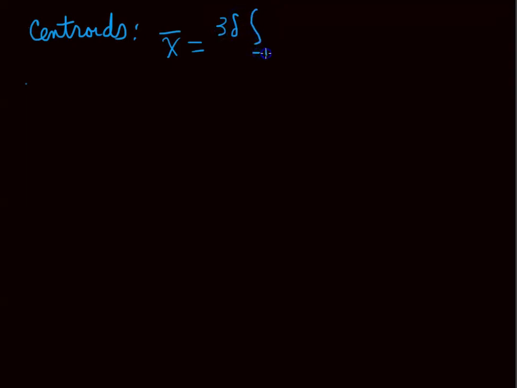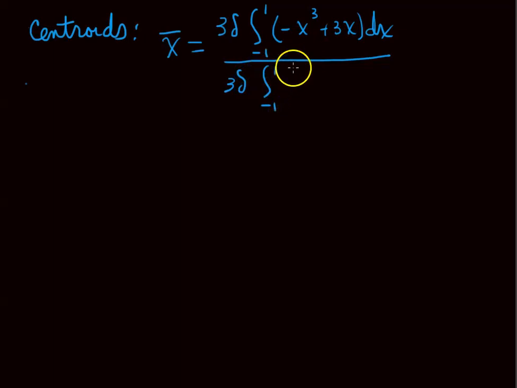The integral from negative 1 to 1 of negative x cubed plus 3x dx. That was the numerator. The denominator was 3 delta times the integral from negative 1 to 1 of negative x squared plus 1 dx.